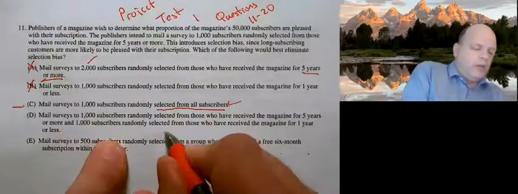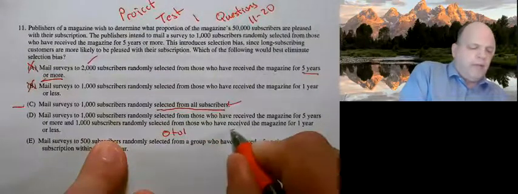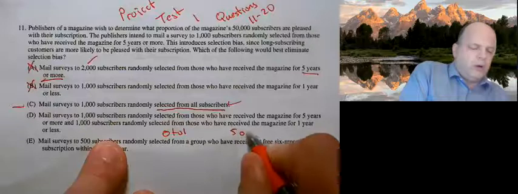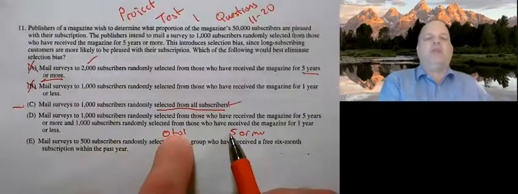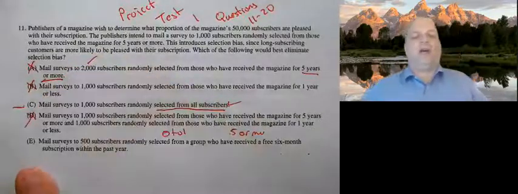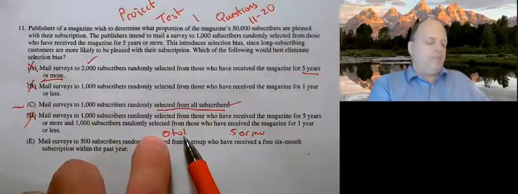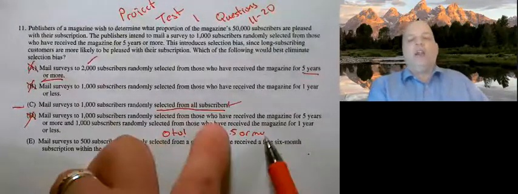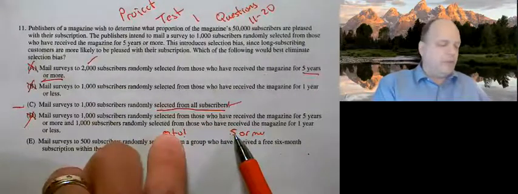But notice I only have 0 to 1, and then I have 5 or more. So I don't have anything in the 1 to 5 category, so I didn't represent everybody. So I didn't do a very good stratified sample because I didn't represent every group. Those who just recently started and the older subscribers, but we don't have any of the middle group. So this is a bad sample.